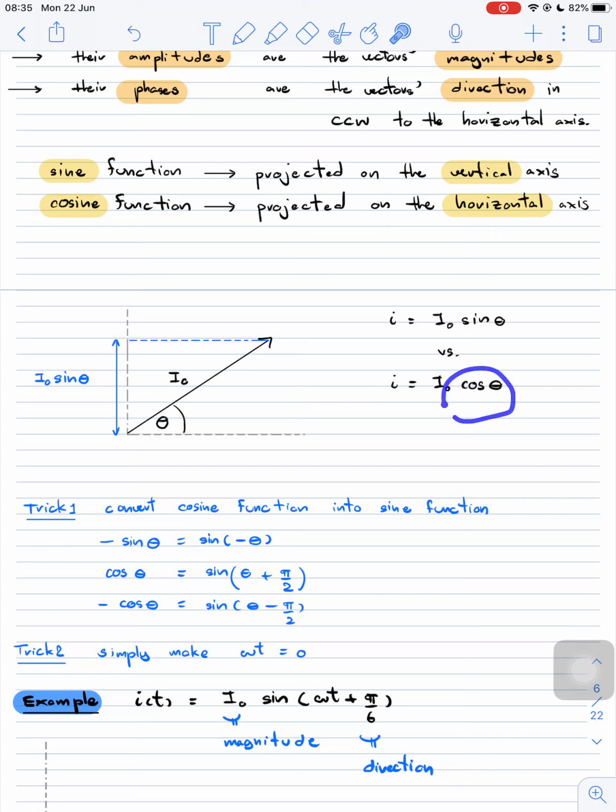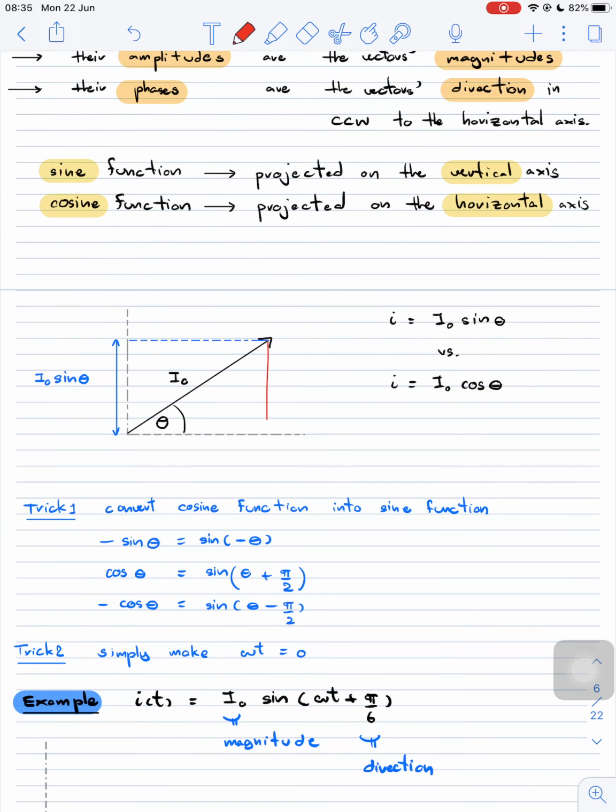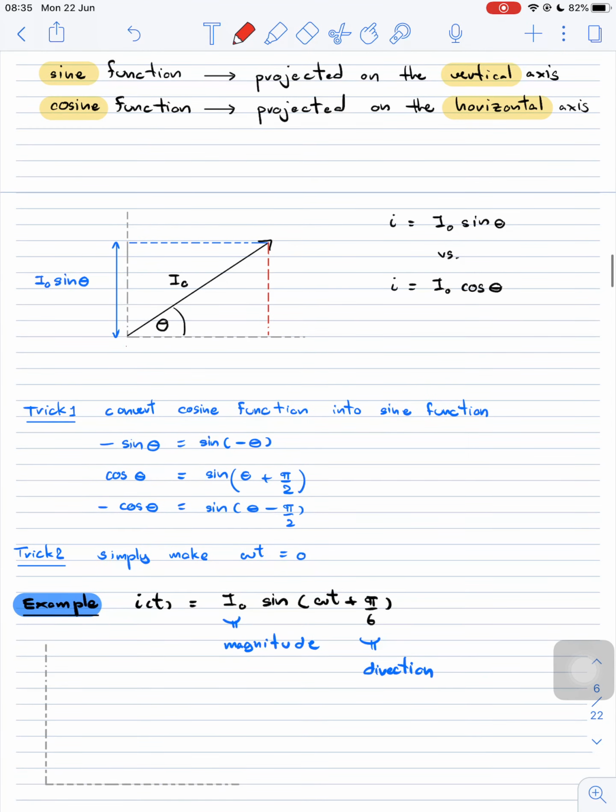And then how about the cosine function? Then we need to project the vector on the horizontal axis, right? So it's going to be this one. Okay, if we break the vector using the angle theta, you can get cosine theta here, and that's it.